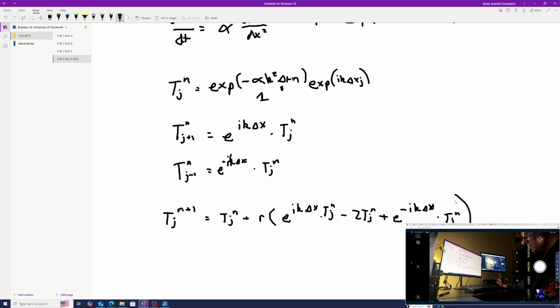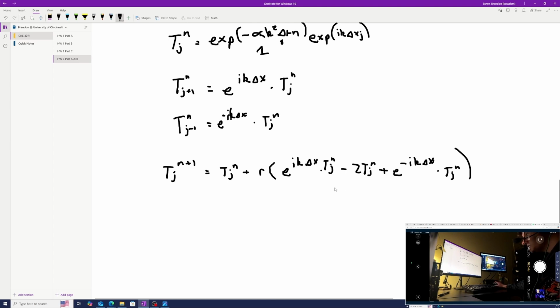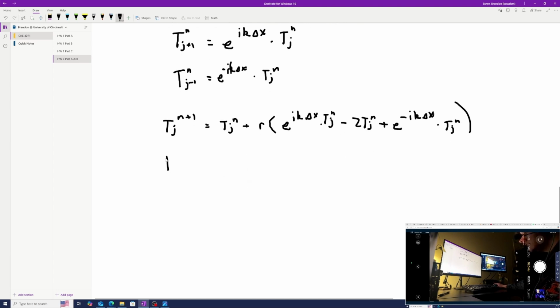So what we can do now is pull out our T_j from all in here, which leaves us with T_j^(n+1) is equal to T_j^n plus T_j^n times r multiplied by e^(ik delta x) minus 2 plus e^(ik delta x).